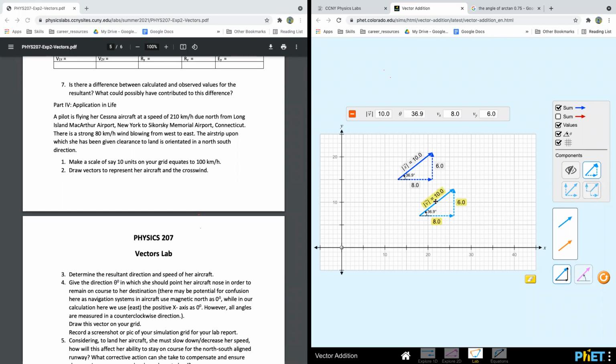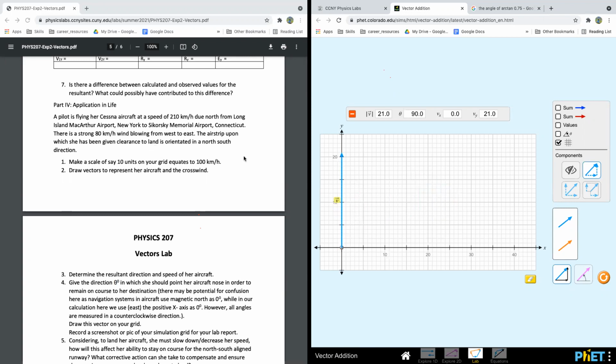We want to use 1 unit to represent 10 kilometers per hour, so this one should be 21. So this is her speed.